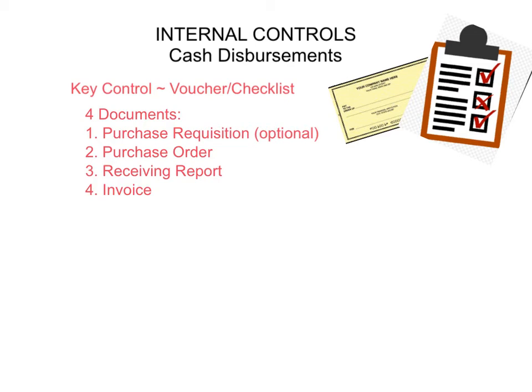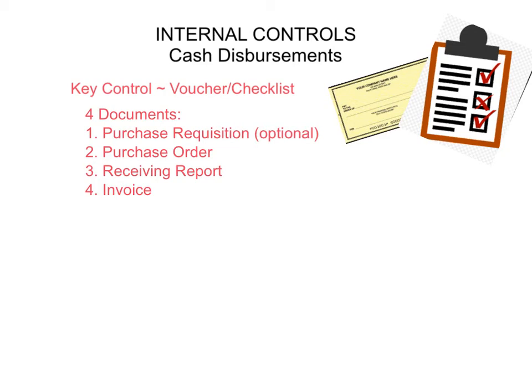Now, a member of the accounting department, but not the same person that actually prepared the purchase order, would gather the 4 documents together, or the 3 documents in the case of a company that does not have a purchase requisition set up.